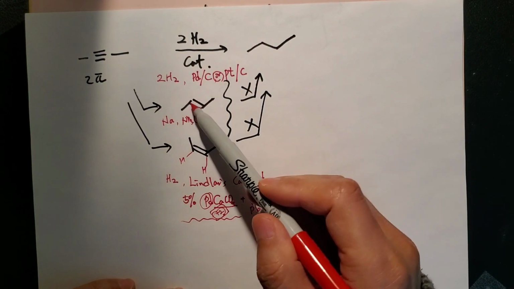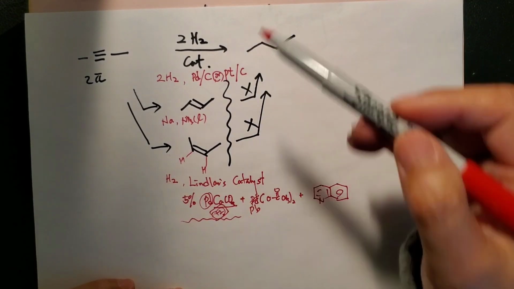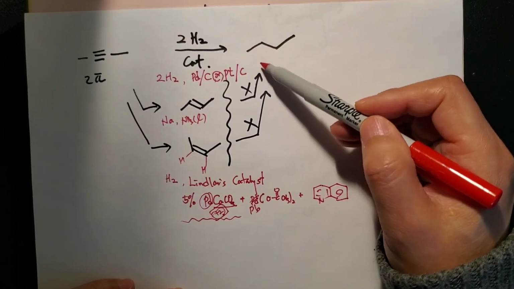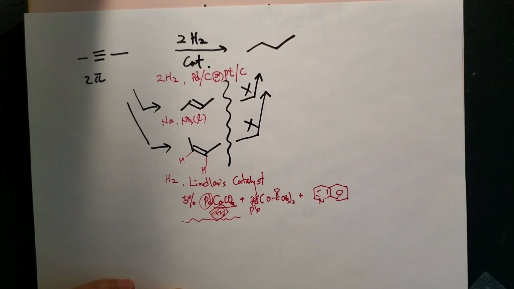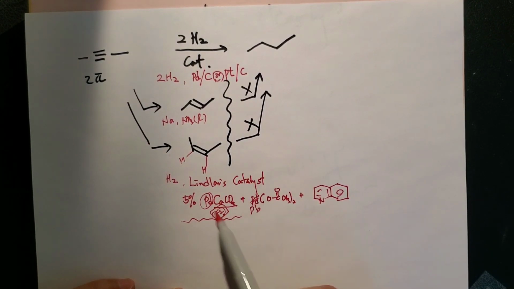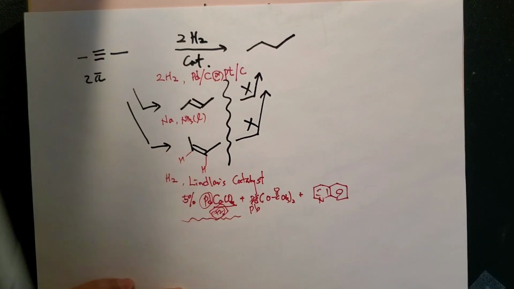So the carbanion of the double bond has electron in sp2 hybridized orbital that's somewhat more stable than sp3 carbanion, so that's why they're not going to form this. And even for Lindlar catalyst reactivity, the triple bond is more electronegative.